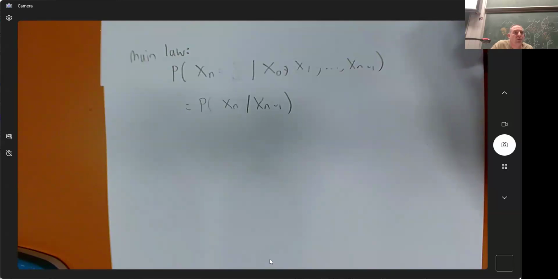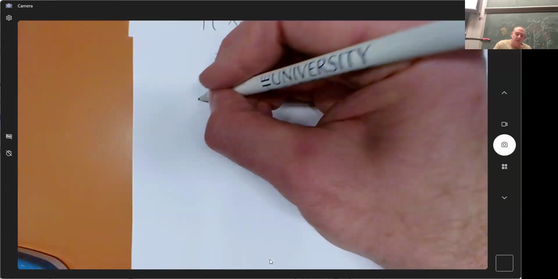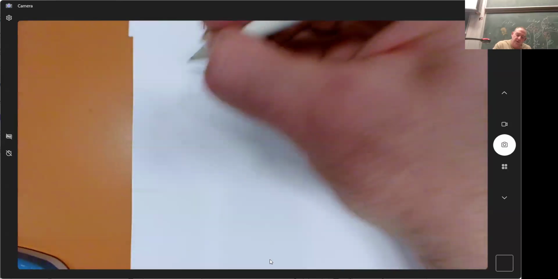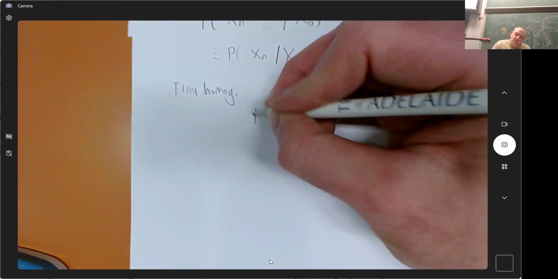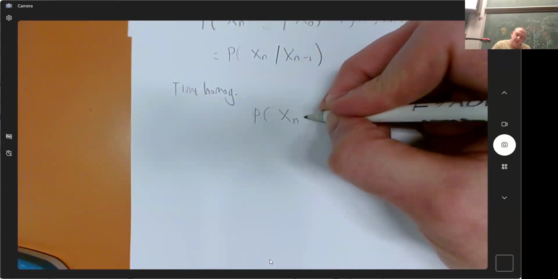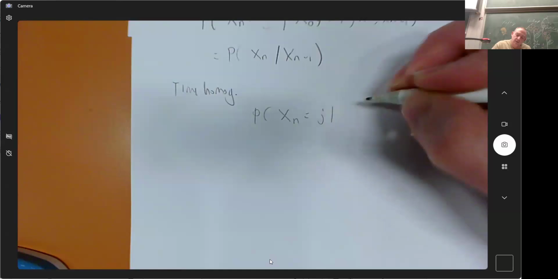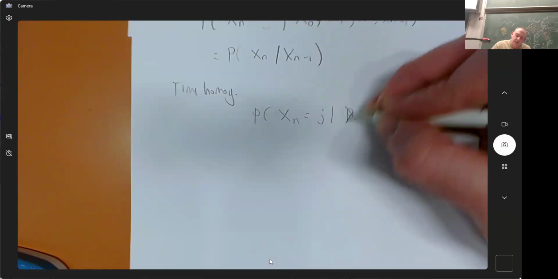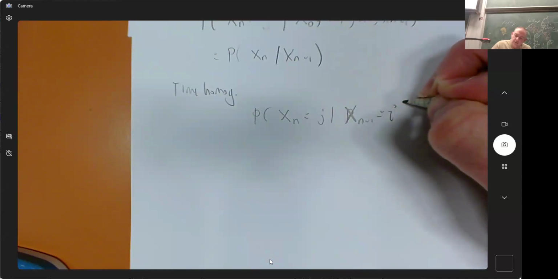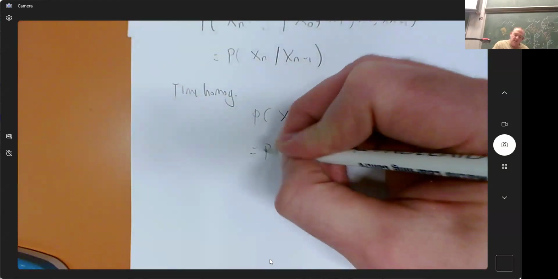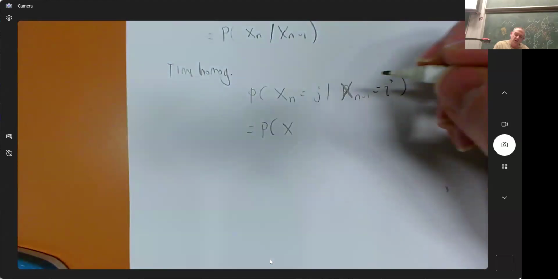What's that? Time homogeneity? So that's the main law, and then there's the time homogeneity, which is saying that the probability of getting from one state to another is the same as for any other times that are one apart.